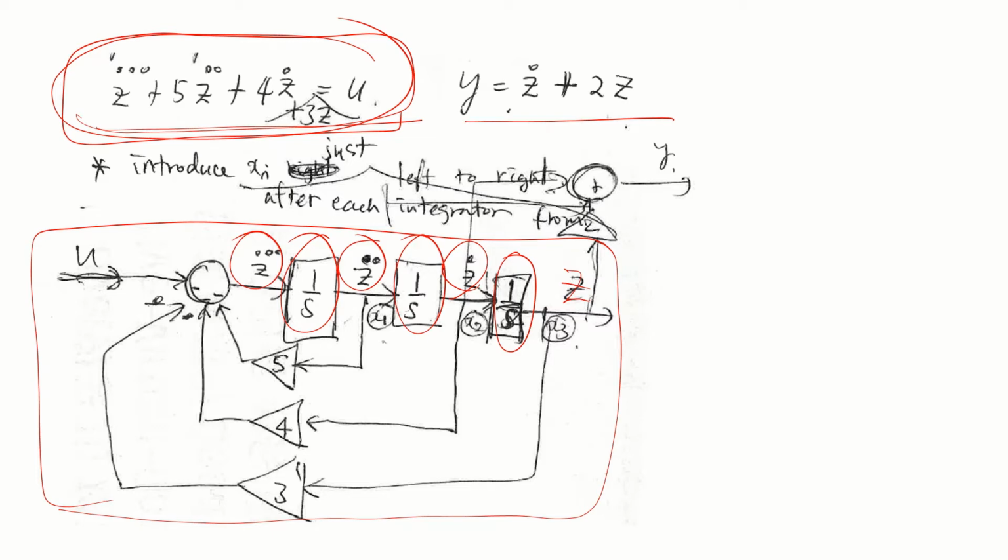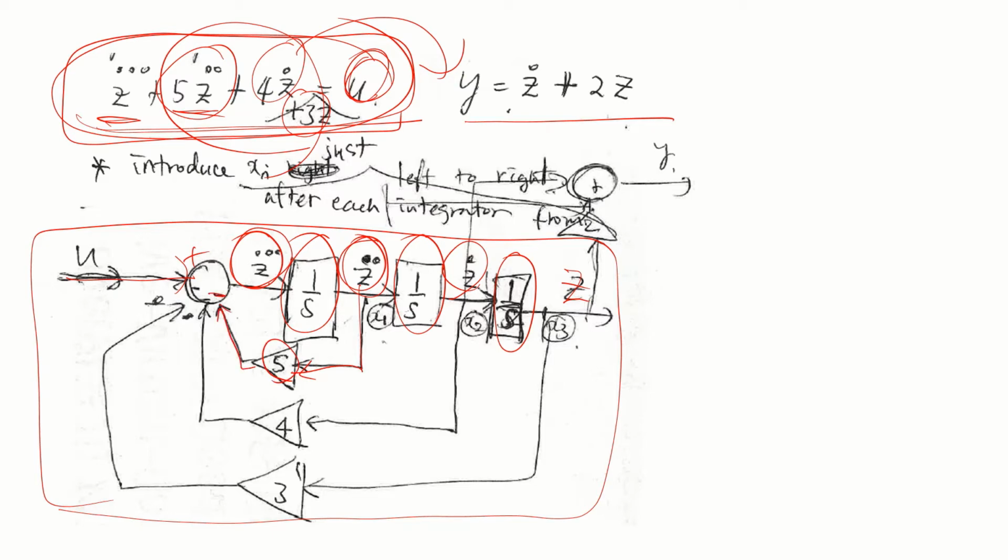And this z triple dot is the combination of 1, 2, 3, 4 signals. Okay, so u comes from here with a plus sign, and now you have to take this to the right hand side. Then you have minus 5 z double dot, so z double dot times 5 with a negative sign.